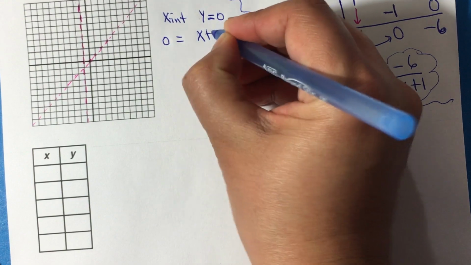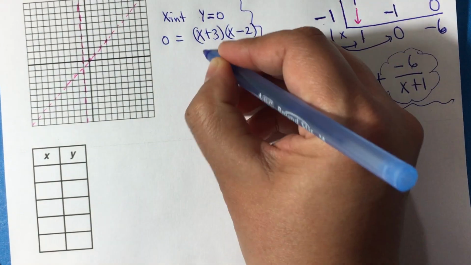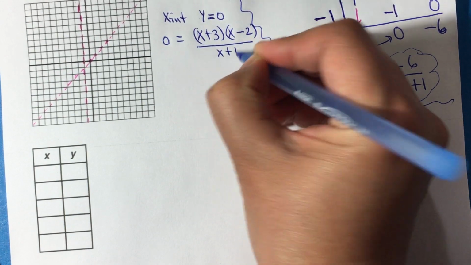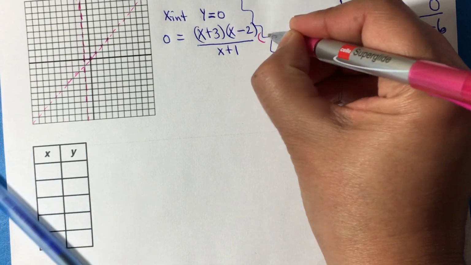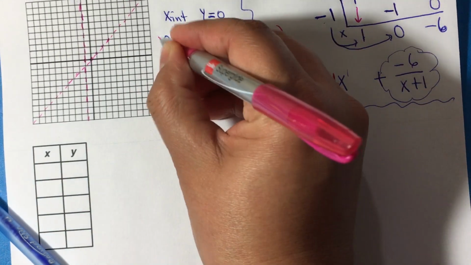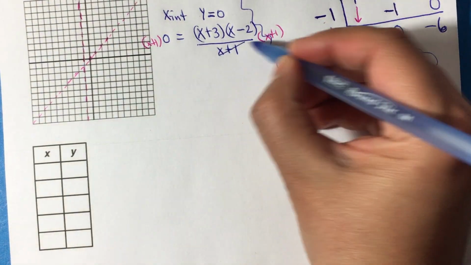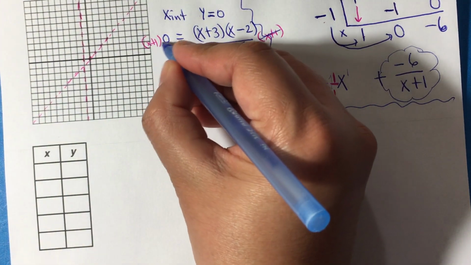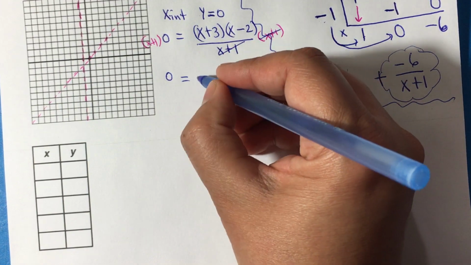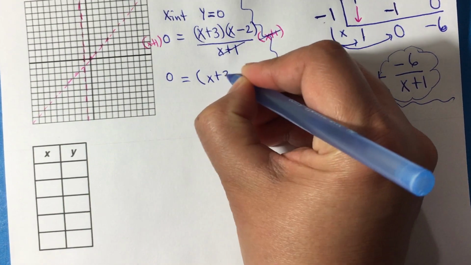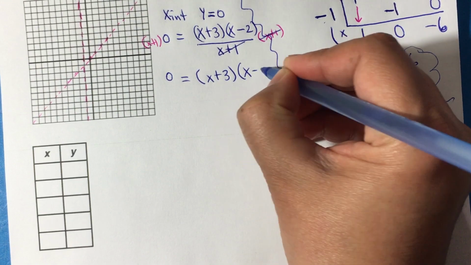So x plus 3 times x minus 2 divided by x plus 1. How do we solve this? Well, if we're dividing, the opposite is to multiply, and we do that on both sides. This cancels, and 0 times anything will always be 0. And look at that. You get x plus 3 times x minus 2 equals 0.